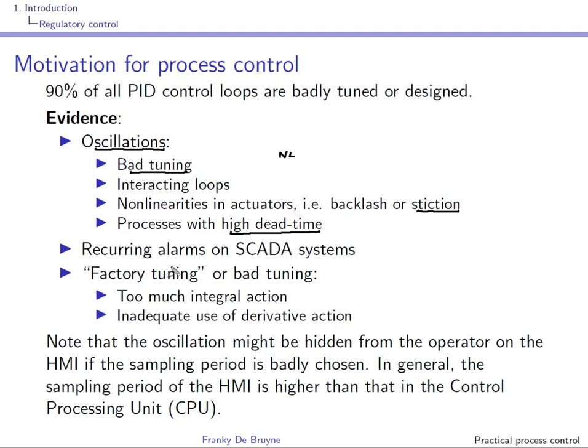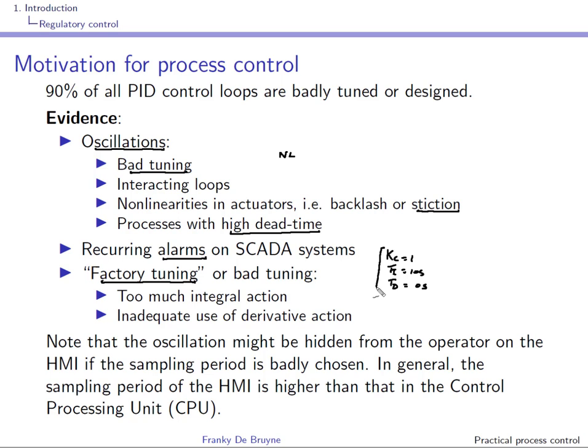Another sign is, well, alarms that are coming back on the SCADA system, and factory tuning. Factory tuning is, for instance, if you take a PID controller from the library, it might be that it comes with those parameters over here. Kc is equal to 1, Ti is equal to 10 seconds, and Td, the derivative action, is equal to 0.